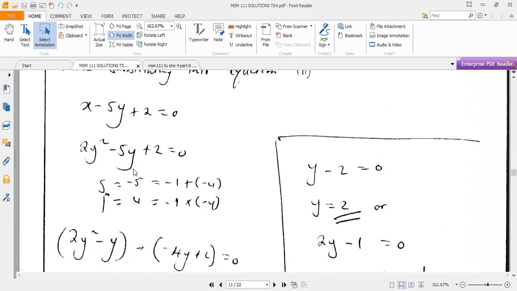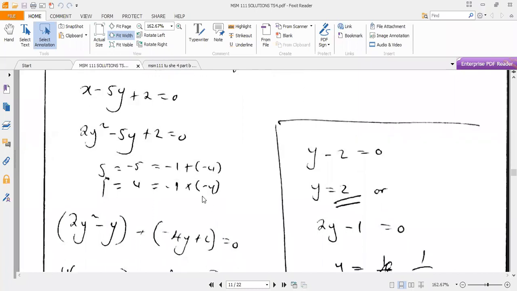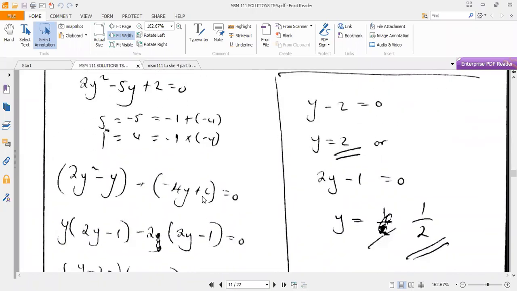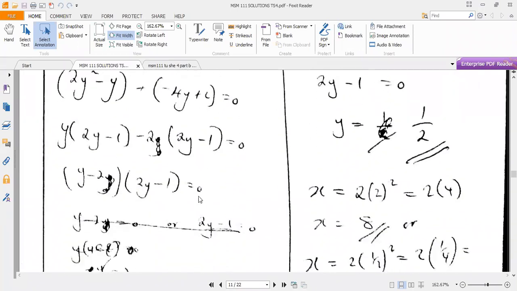Here you know that your sum is -5 and your product is 4, isn't it? The two factors are -1 and -4. Now, when you find those two factors, you can easily do those sums manipulation. You'll find that you arrive somewhere here where you have y minus 2, open and close the brackets, 2y minus 1, open and close, is equal to 0.